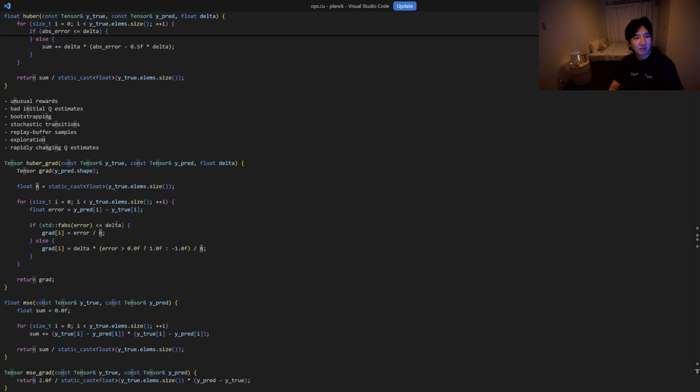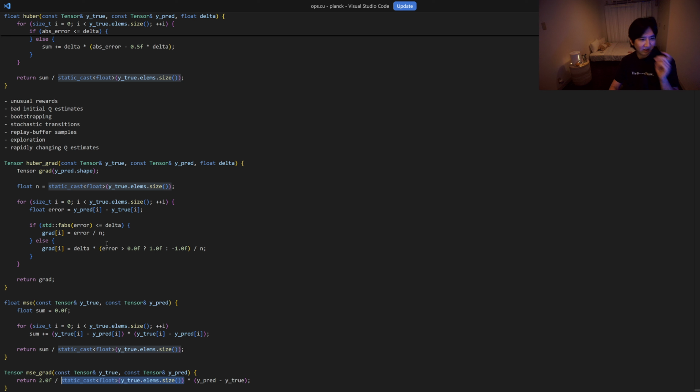So if the batch size was 1, you just get the error. The gradient for mean squared error works like the Huber gradient, because you multiply by 2 over n, where n is again the batch size.